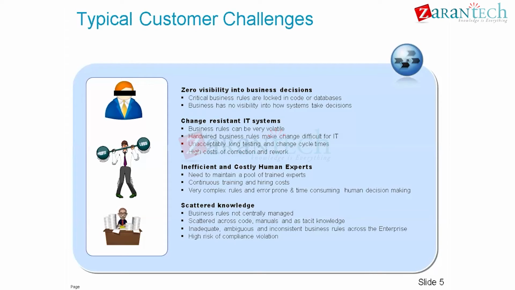Just an example: change resistance in IT systems. Change resistance means systems are changing after 2015. You have even realized that somewhere around 2013 to 2015, most of the organizations changed their business models.